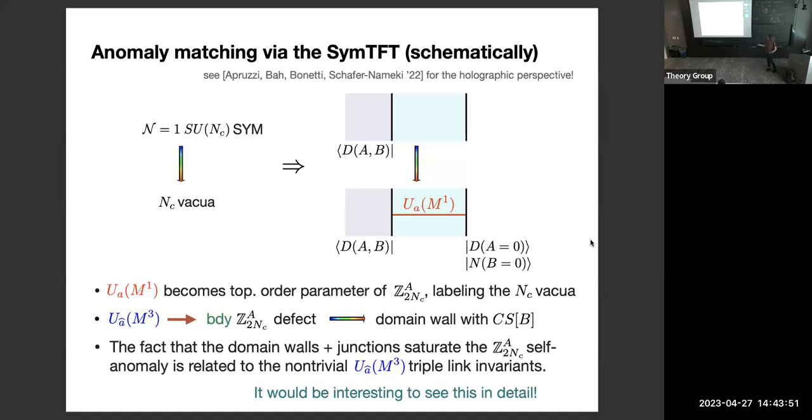And this can be probed, for example, by looking at the triple link invariance between these operators. So the straightforward observation is that one way to think about how to match a self anomaly is in terms of the link invariance or braiding of these operators in this bulk symmetry TFT. This would be interesting to work out in detail.